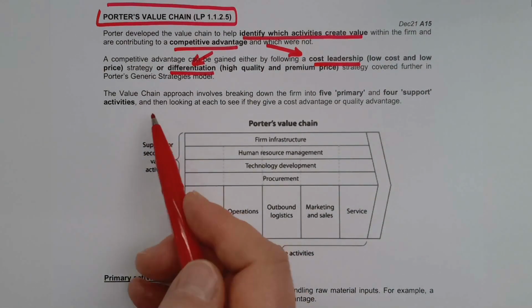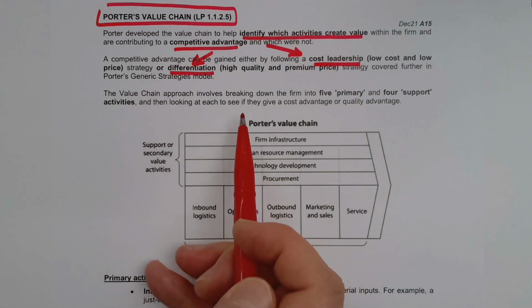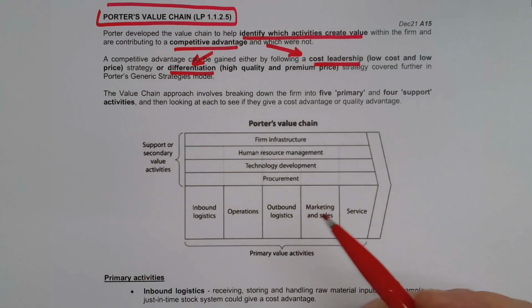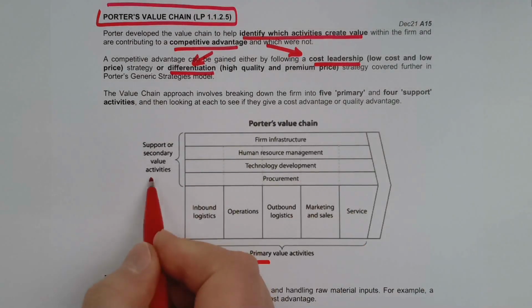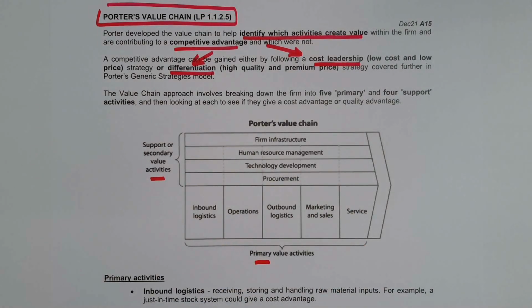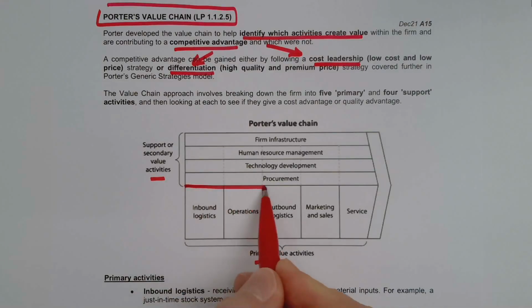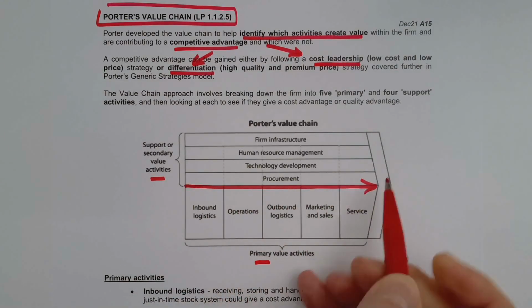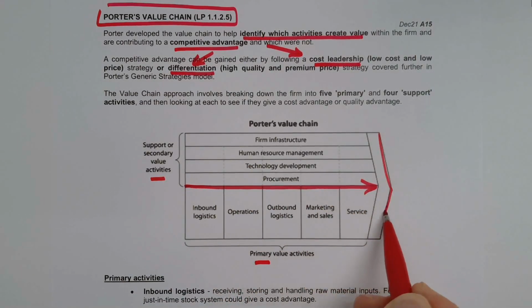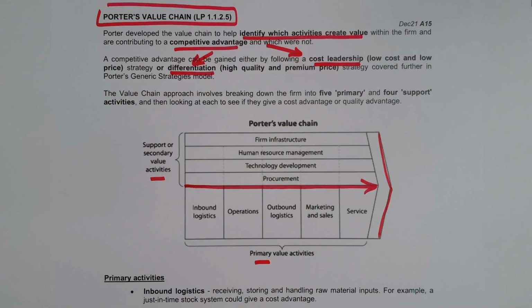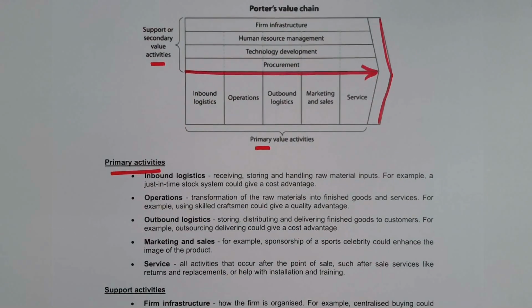So this value chain breaks down the firm into 5 primary and 4 support activities. If we look here at the primary activities, you'll see the model, the way it's set up, it's like an arrow. And so what we have here is our primary activities: inbound, operations, outbound. And what I'm doing is explaining all of these activities and giving some examples as well.